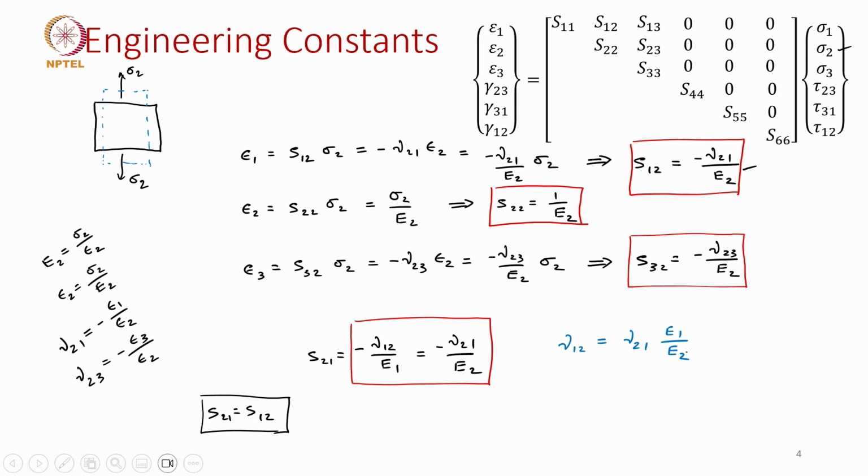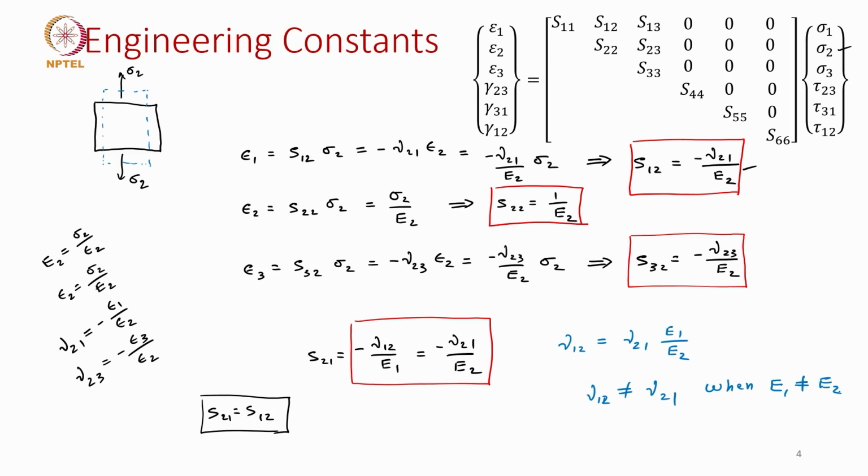So, usually when we are talking about isotropic materials, we do not bother to write the subscript, but when we are discussing orthotropic materials, the subscripts are very important, especially for the Poisson ratio, because this shows that nu 12 is not equal to nu 21, especially when E1 is not equal to E2.